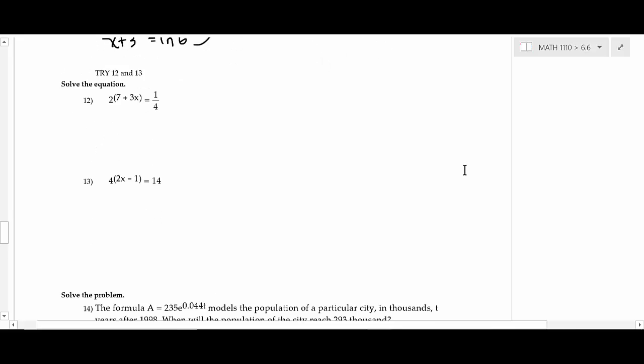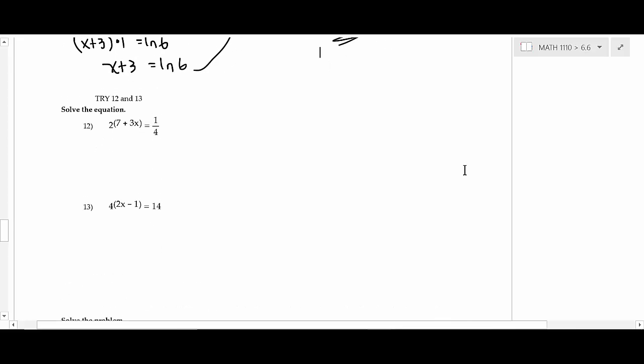All right, so let's see. What I want you to do on this one is use an ln of both sides, okay? This one right here, I want to give you a few minutes to see if you can put this together. You have 2 to a power, and you have 1/4. The very first thing you would want to do probably on this problem is write this as 1 over 2 to the second.